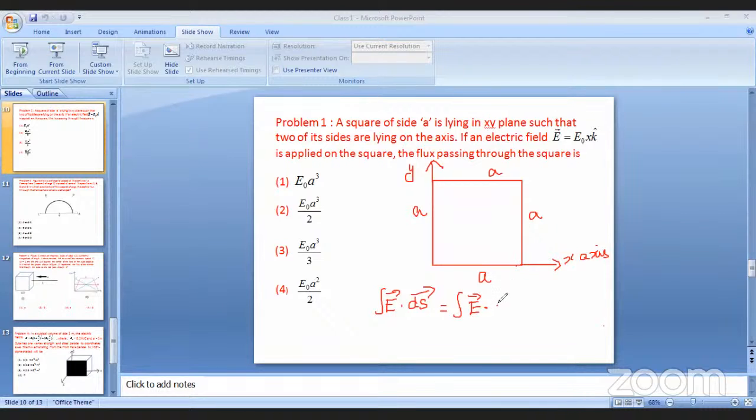This is dx i cap into dy j cap. Actually, this is lying in the xy plane, so the surface area vector is given by dx into dy. So that is i dot j, and i dot j means actually we'll be getting k cap.